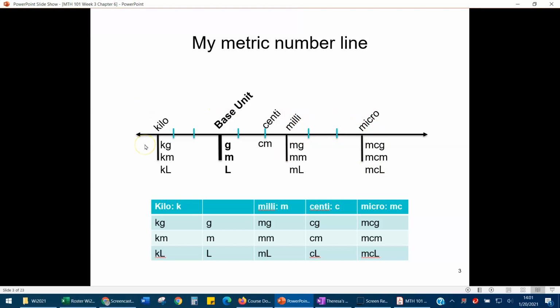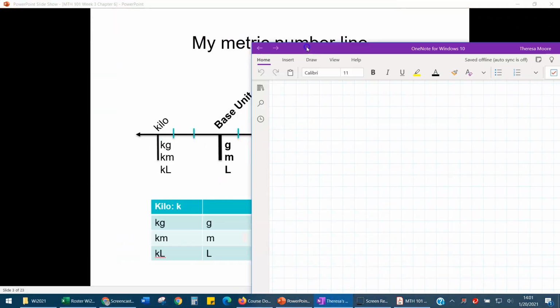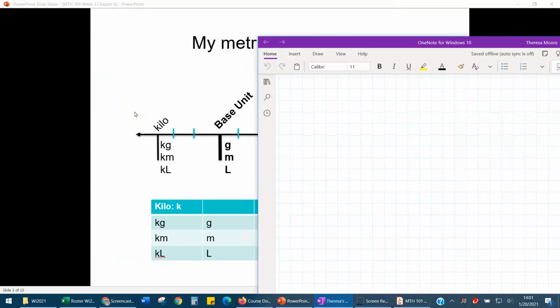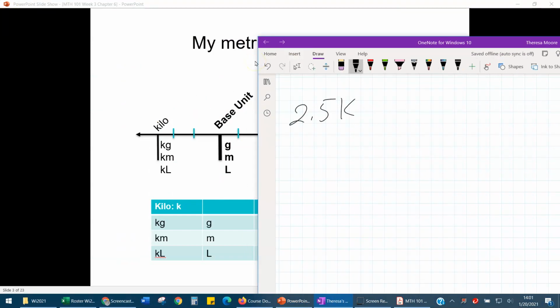So when you're converting within the metric system, say we're converting some number of kilograms to grams. So if I had, say, 2.5 kilograms and I wanted to convert it to grams, well, this is saying I'd have to go to the right 1, 2, 3 decimal places.